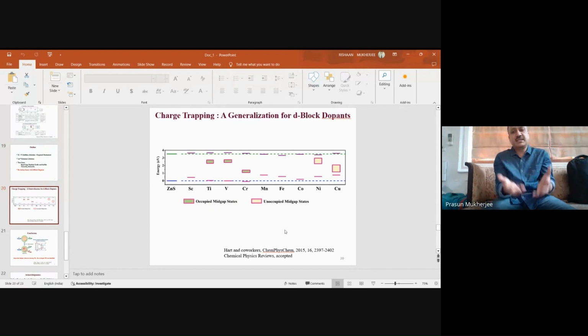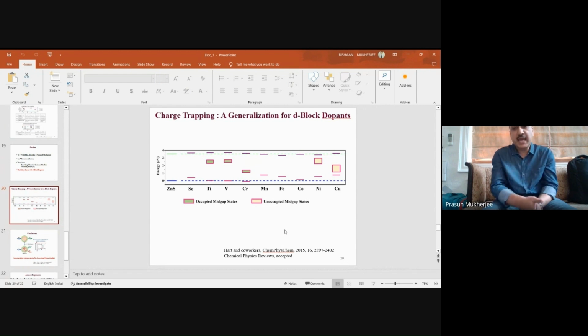She has done some theoretical calculations based on DFT formulations and identified the energy levels of 3d block elements in zinc sulfide. And we wanted to correlate our charge trapping model with the computational feedback that we have in our hand.